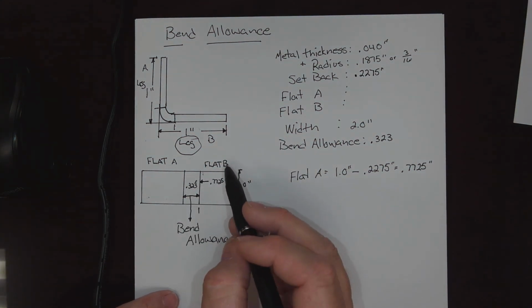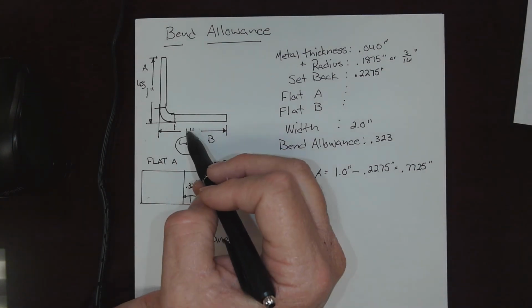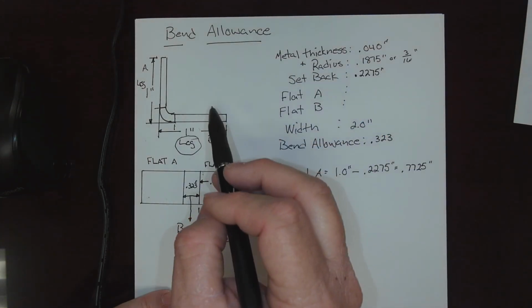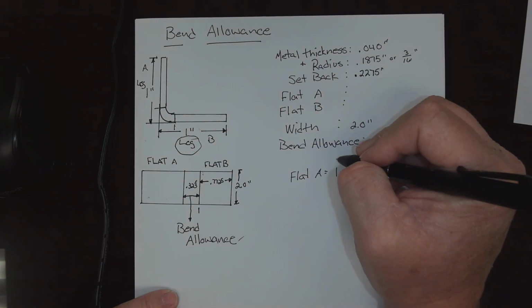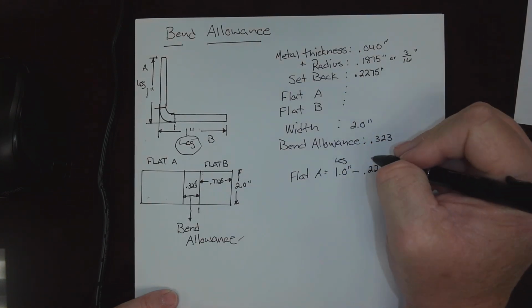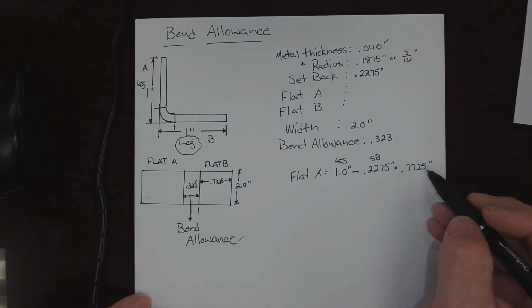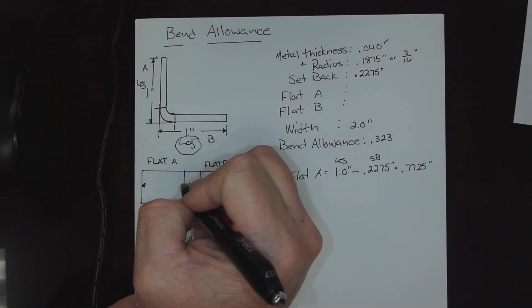Now we said earlier, since both legs from the end of the metal to the mold line are measured at 1 inch, we solve for a flat by saying leg minus our setback. Well, we come out to flat A is 0.7725, and flat B would be 0.7725.